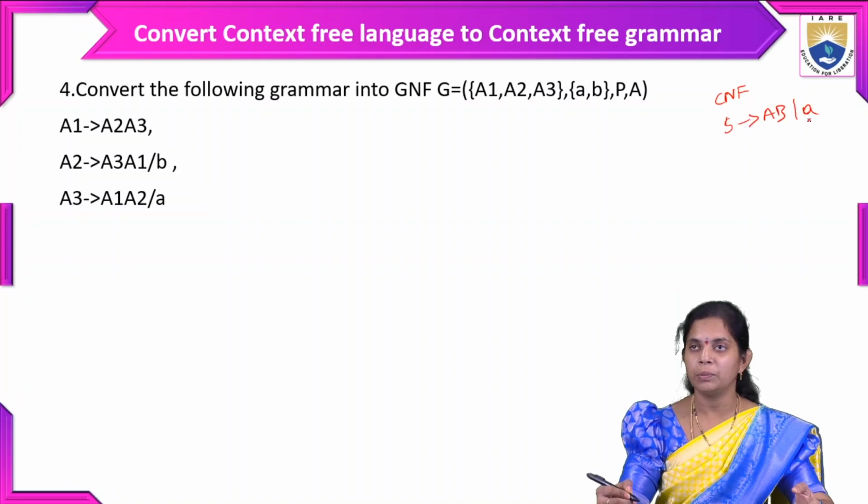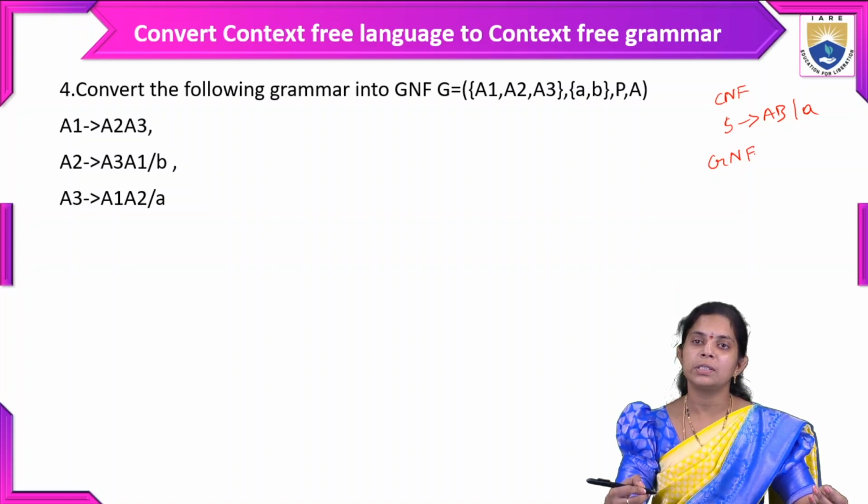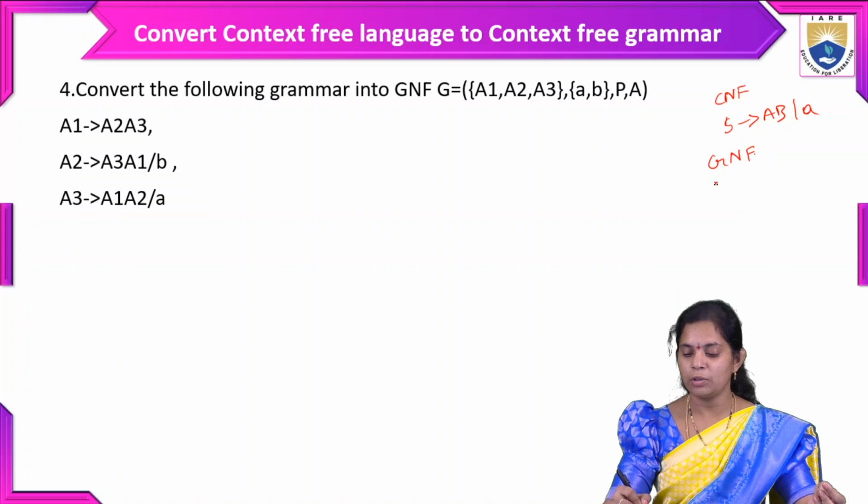Coming to the GNF, for the procedure of converting a CFG into a GNF, we first need to convert the grammar into a CNF, then convert it into a GNF. So what are the rules of GNF?